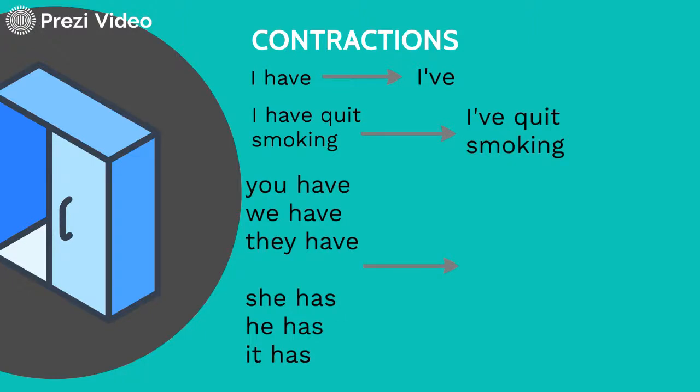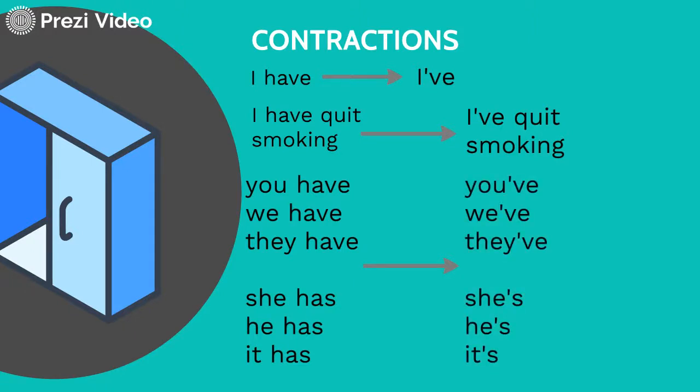And all of those can be simplified into you've, we've, they've, or she's, he's, and it's. So this is often how we use language when we speak. We'd say she's left town instead of she has left town.